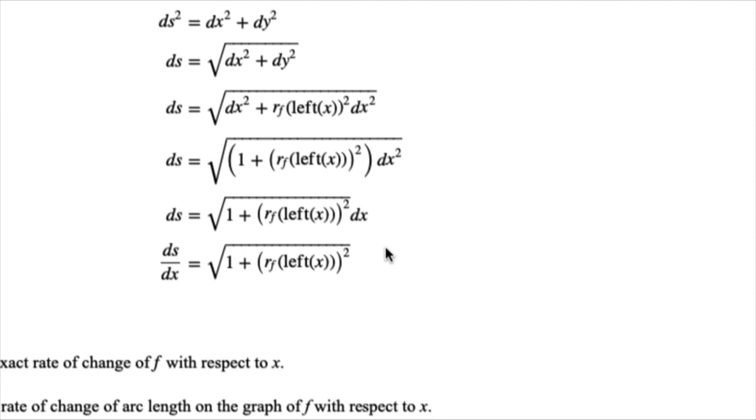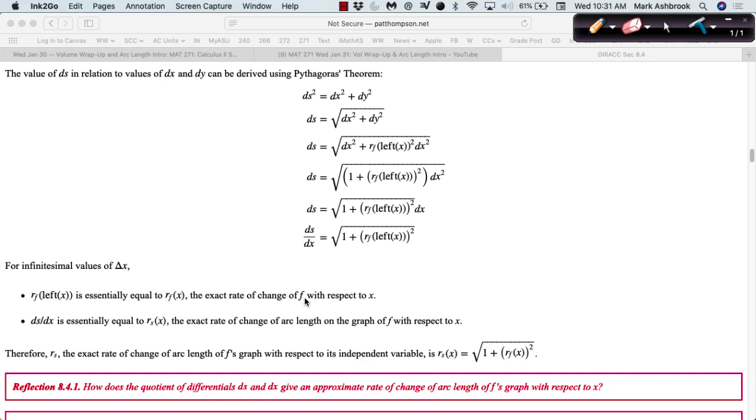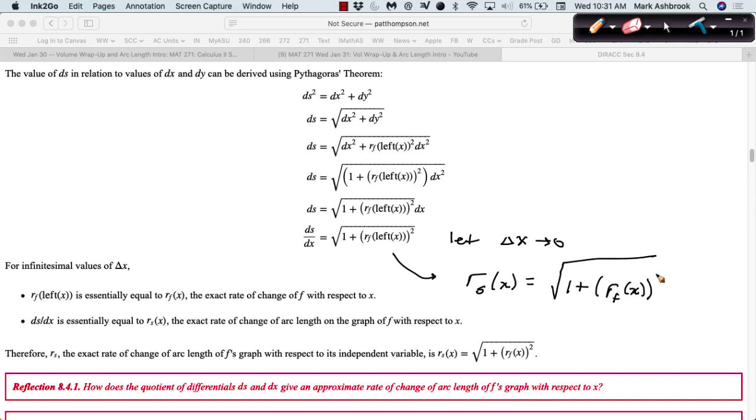So when delta x gets small, our rate of change function, the rate of change of arc length, is the square root of 1 plus the rate of change at x, not left x, just x now, squared.